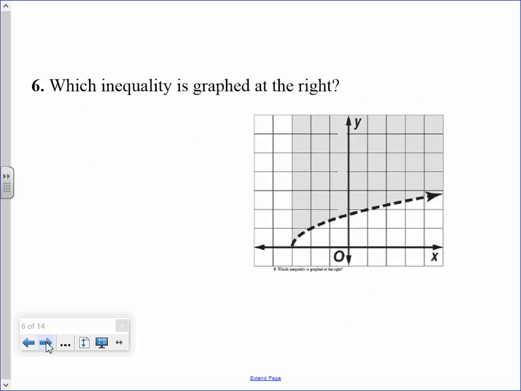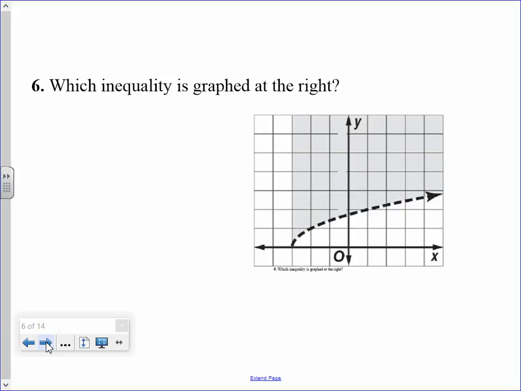Which inequality is graphed at the right? The only thing that's being done to the identity radical equation is that it's been shifted over to the left 3 places.